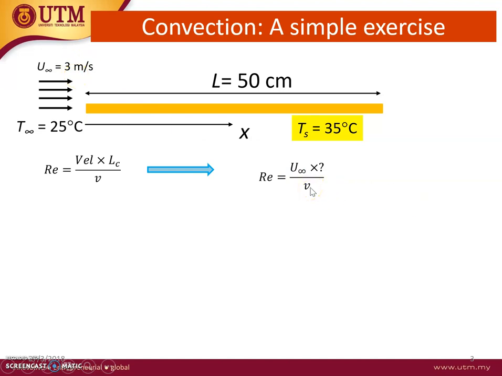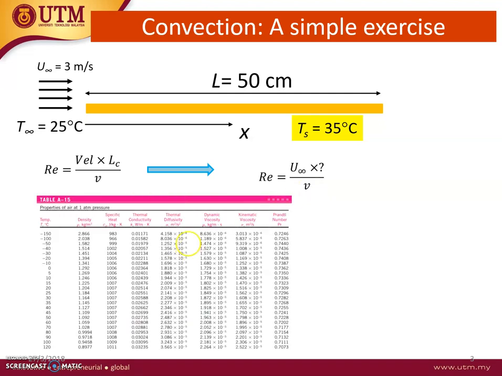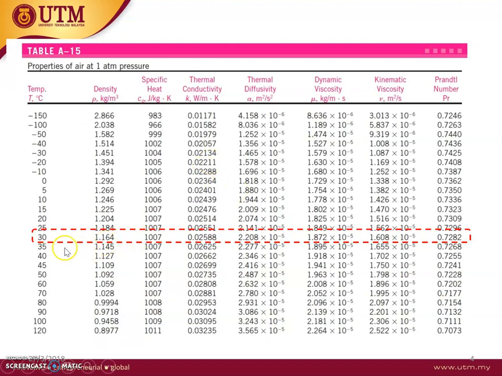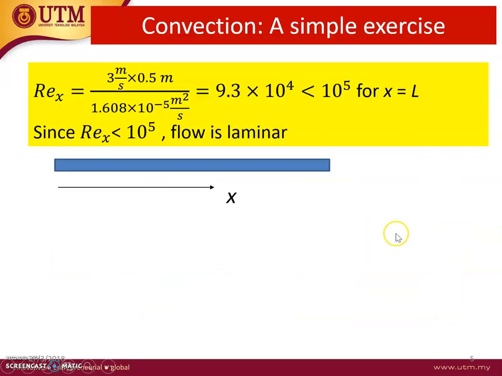But what about the kinematic viscosity? Well, you may use the table to obtain the value at the film temperature. With that, our film temperature is 30 degrees C. Then you may proceed to obtain the density, the specific heat, thermal conductivity, viscosity, as well as the Prandtl number.